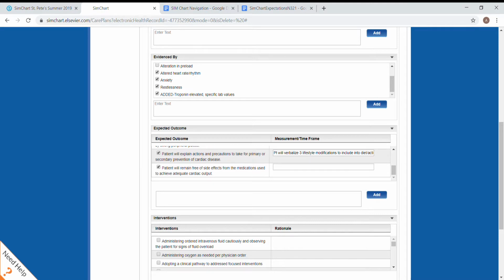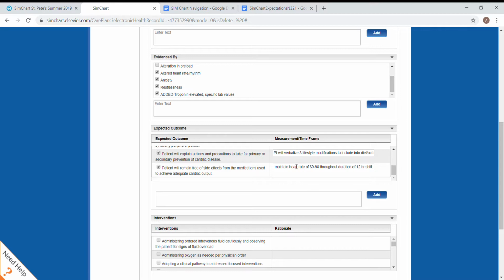And then remain free of side effects from medications. So this is more short term while on your shift. So patient will maintain heart rate of 60 to 90 throughout duration of 12-hour shift.